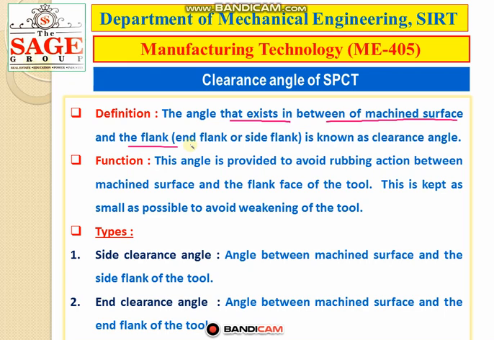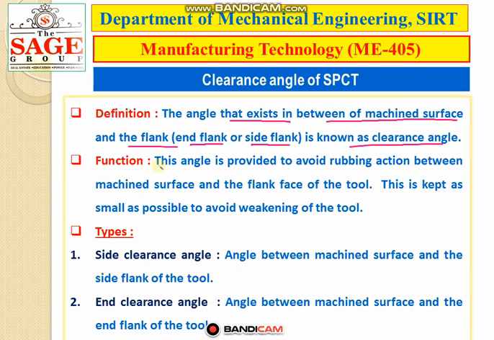There are two flanks, end flank and side flank. So the clearance angle is the angle between the flank surface, side flank or end flank, and the machined surface of the workpiece. That is known as clearance angle.